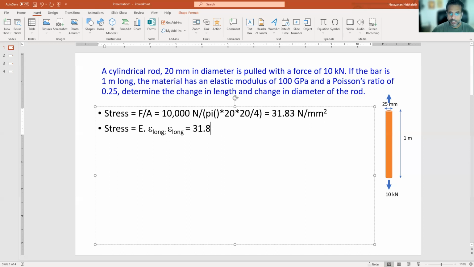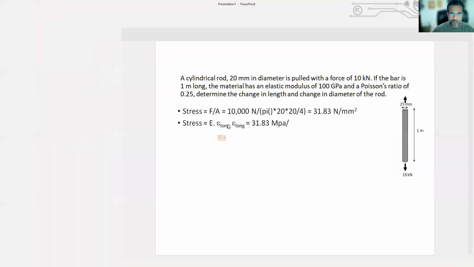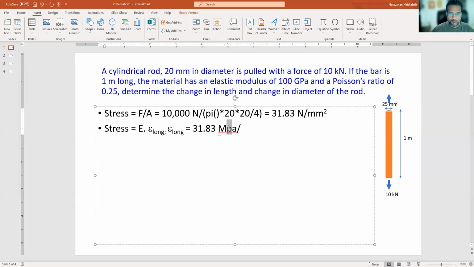Stress is 31.83 newtons per millimeter square, which is megapascal, divided by elastic modulus. So, strain is stress divided by elastic modulus. 100 GPa is 100 times 1000 MPa, so that we are consistent in our units.